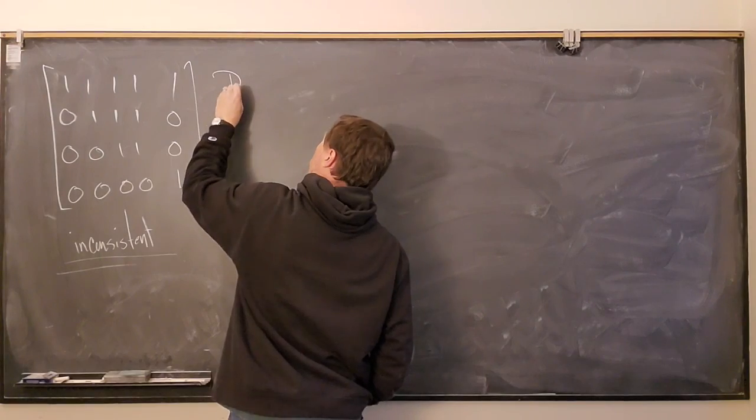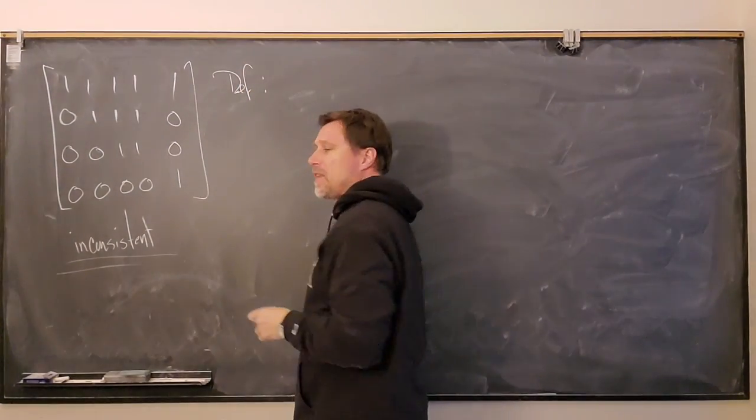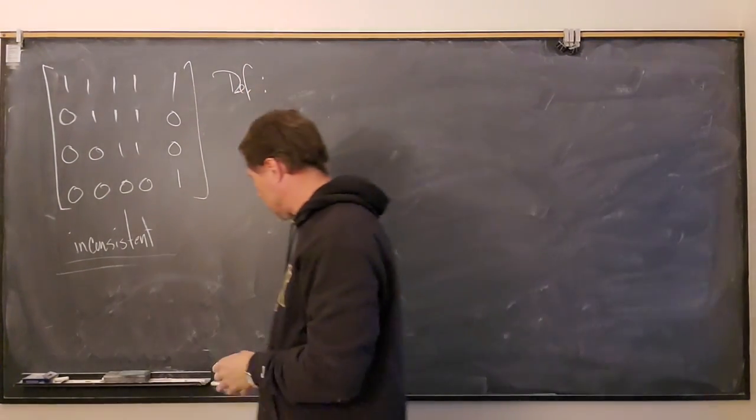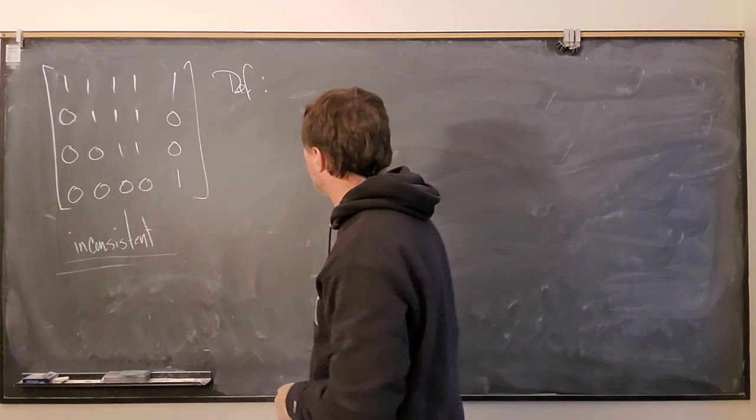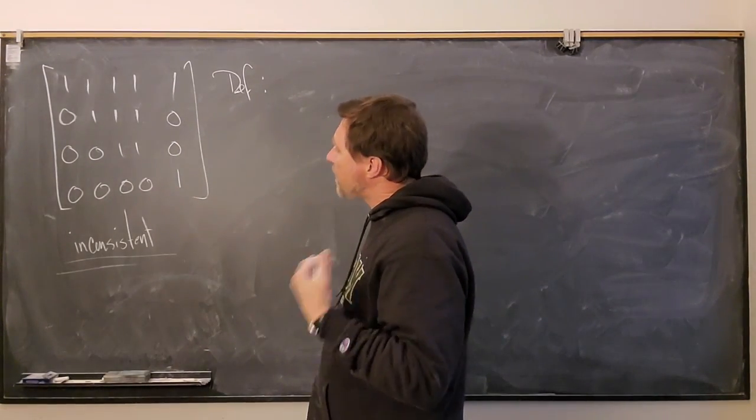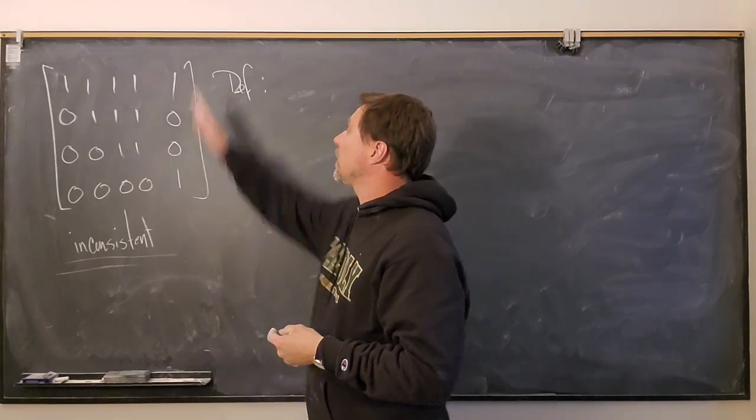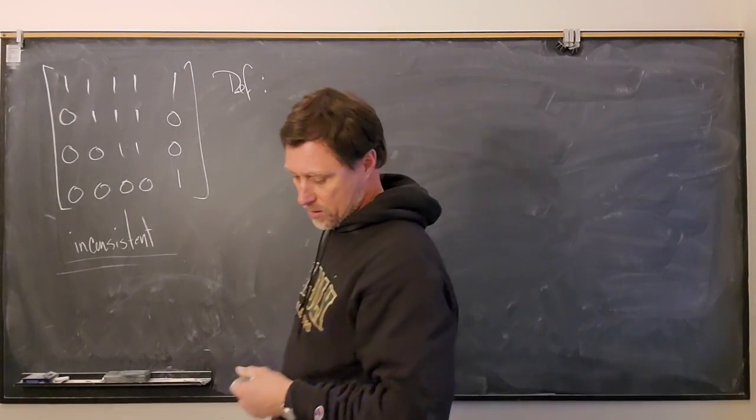Okay, so there's some examples. Now, we defined this, I think, in the first lecture, what it means for a system to be homogeneous. The corresponding matrix to a homogeneous system is going to be one that has all zeros in the right-hand column.